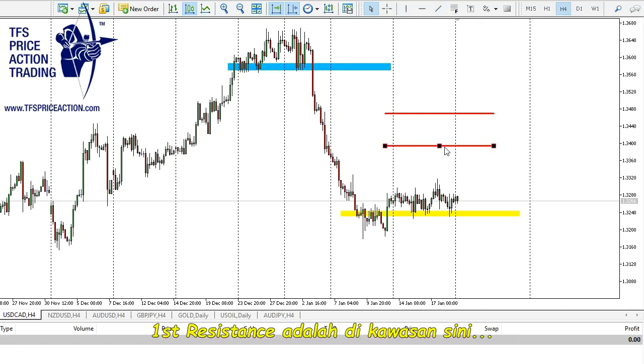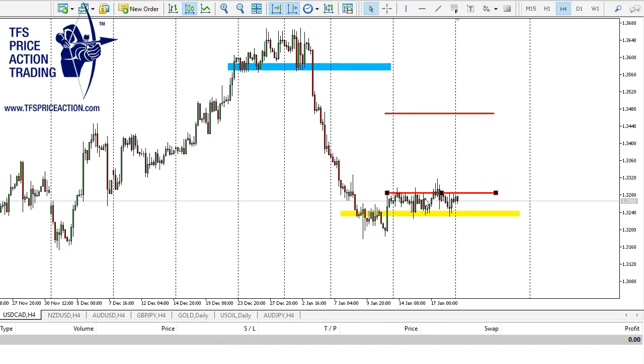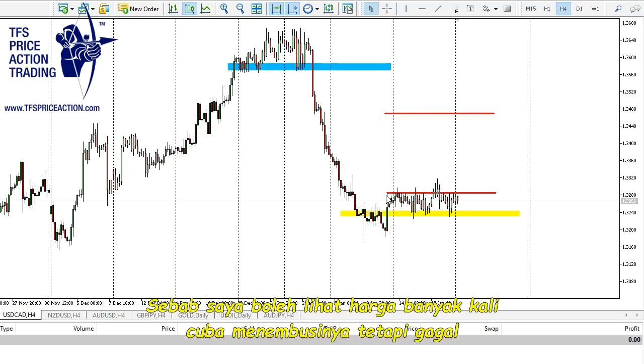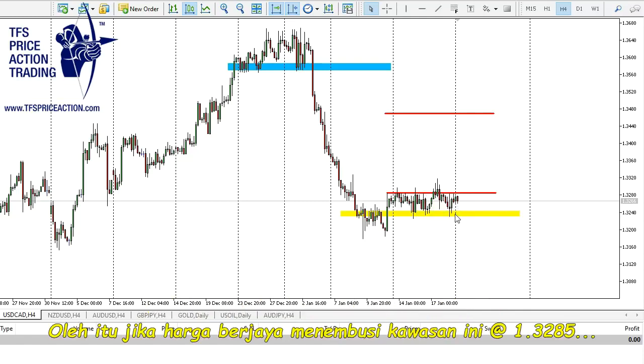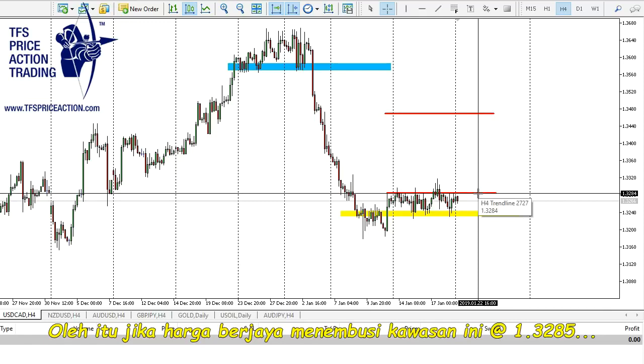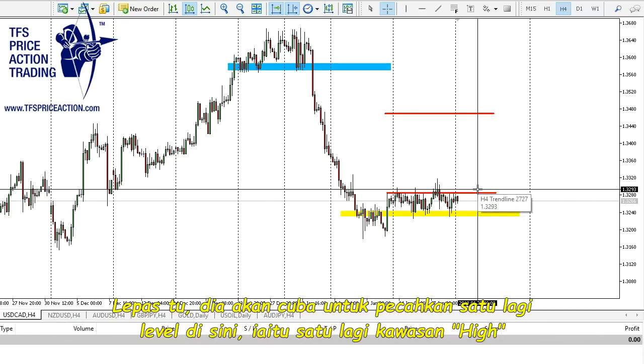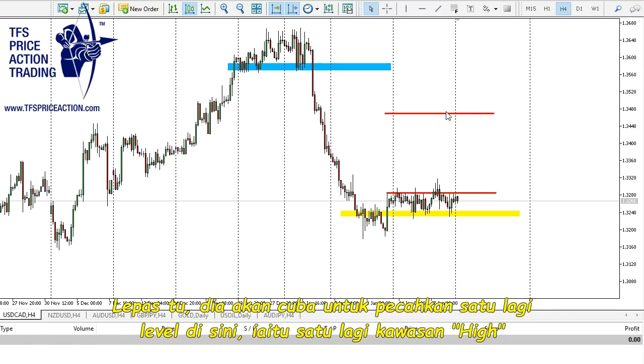The first resistance will be at this area. I can see there are many times that price tries to breach this level, but it fails. If price manages to breach this level at 3285, then it will try to break another level here, which is another high.